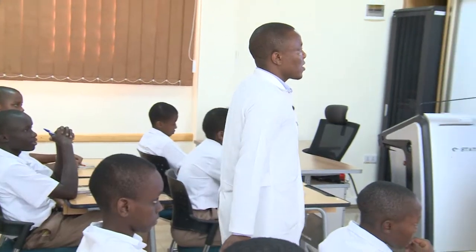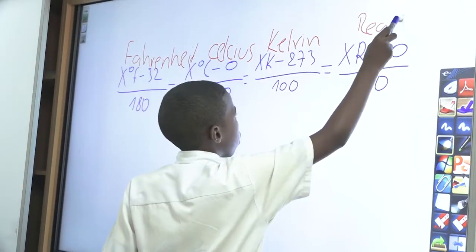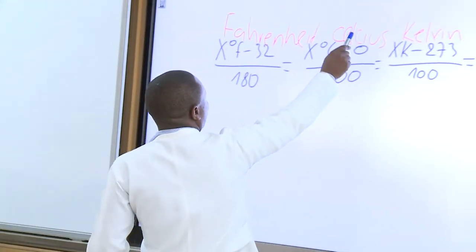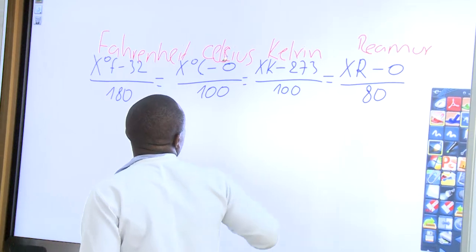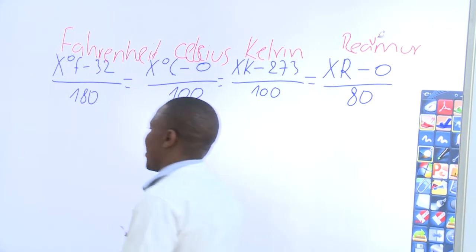And the name of this one is called Reaumur. Thank you. Yes, this one is Fahrenheit, this one is Celsius, and this is Reaumur.